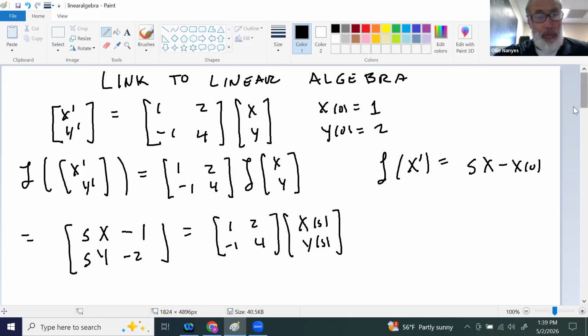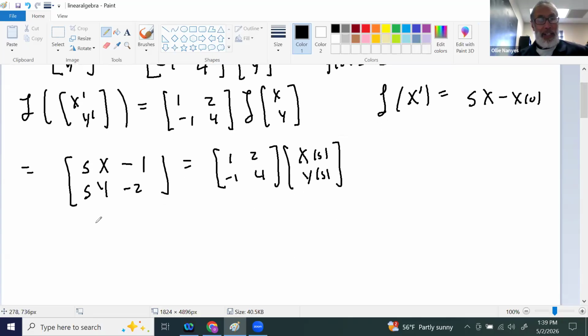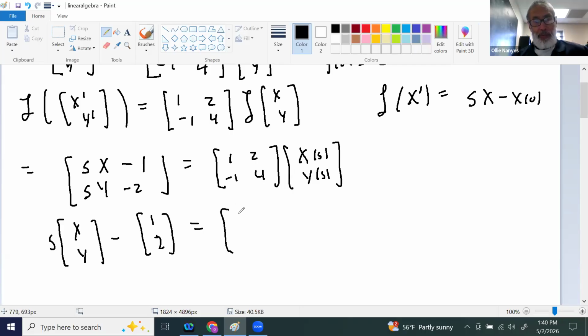And so what we've been doing in class is we now can write this in vector form, minus the vector 1, 2. Writing this down, this is big X, I'm suppressing the s here, plus 2y, and that's minus x plus 4y.